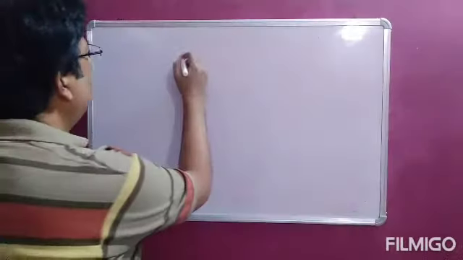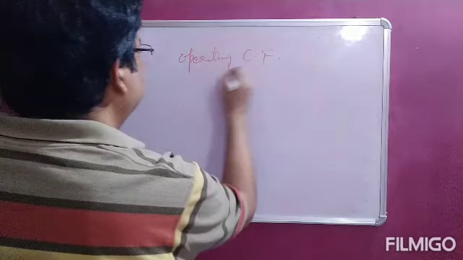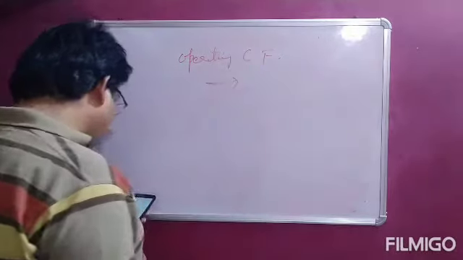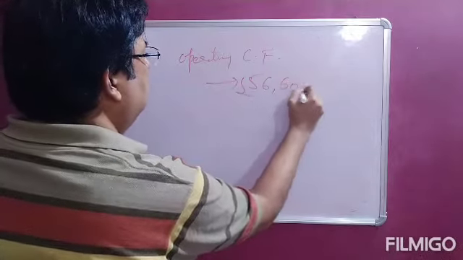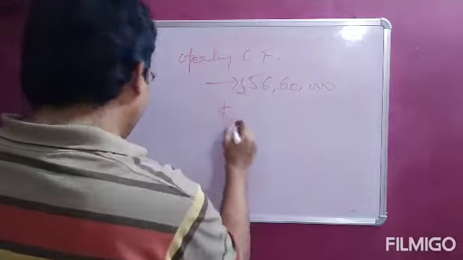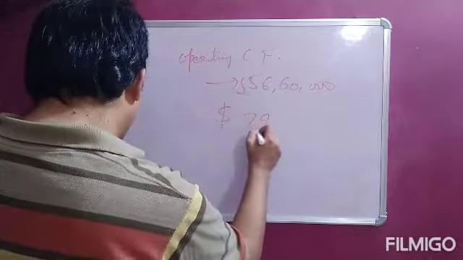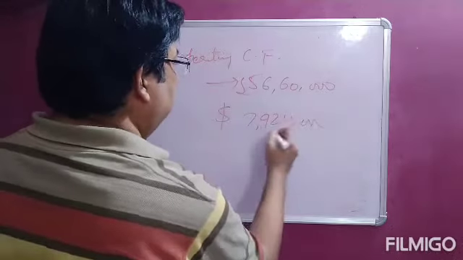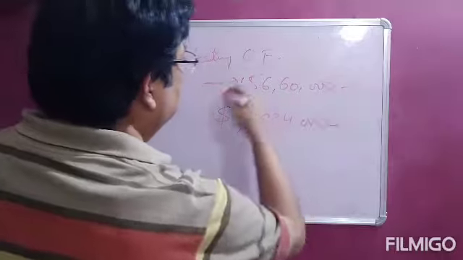The operating cash flow in this case comes out to be 56,60,000 pounds, and in dollar terms it comes out to be 79 lakhs 24,000. So this is in dollar terms and this is in pound terms.